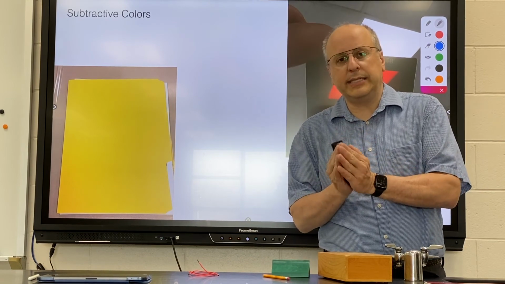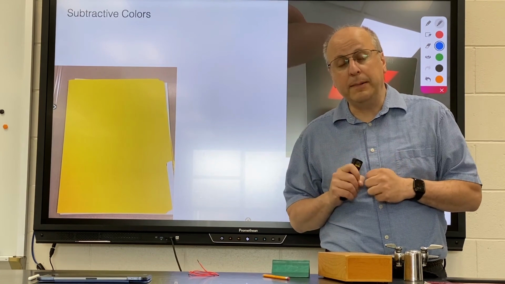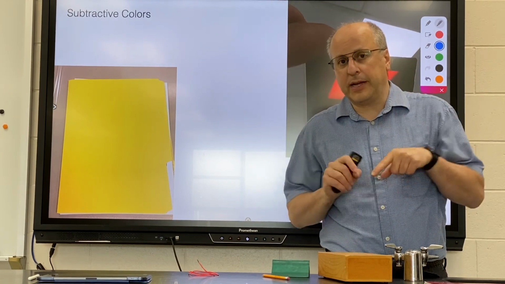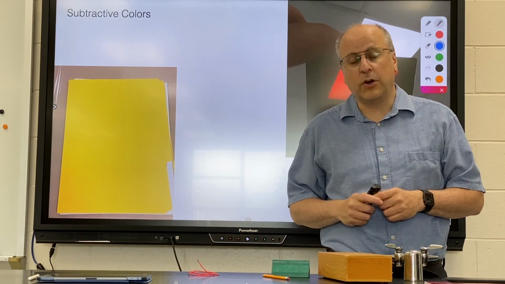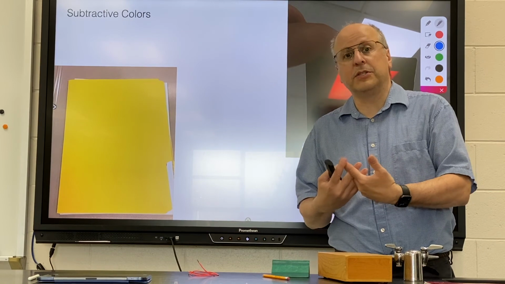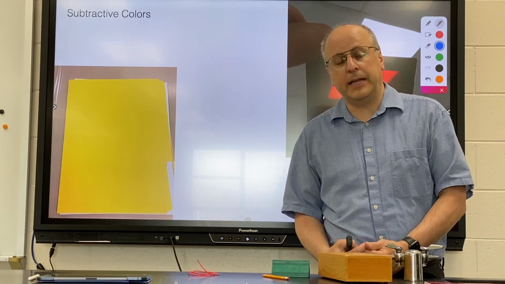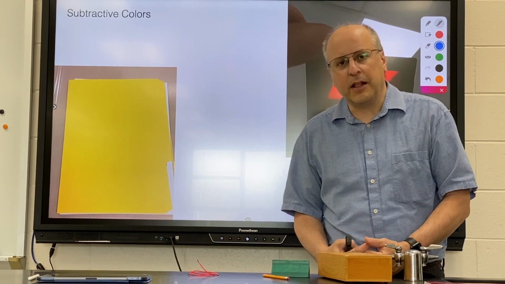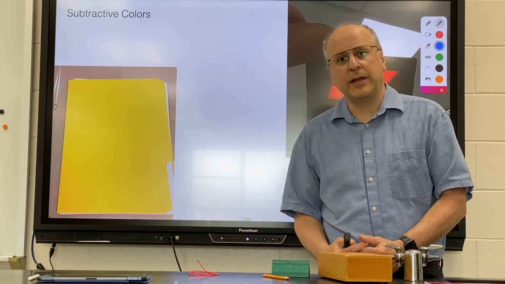When you add lights together, red and green and blue make white, and when you add dyes together, your three primary colors will give you black. All right, so hopefully you at least picked up on some of these ideas and that you know the primary colors for light are red, green, and blue, and the primary colors for inks and dyes are cyan, yellow, and magenta.